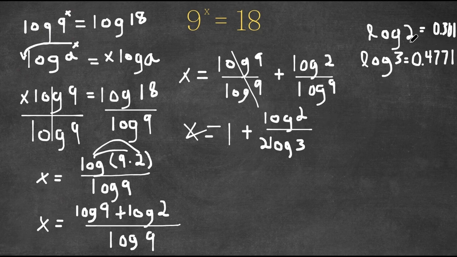So now if I plug in these numbers, we would get 1 plus 0.301 over 2 times log 3, which would be 0.9542.